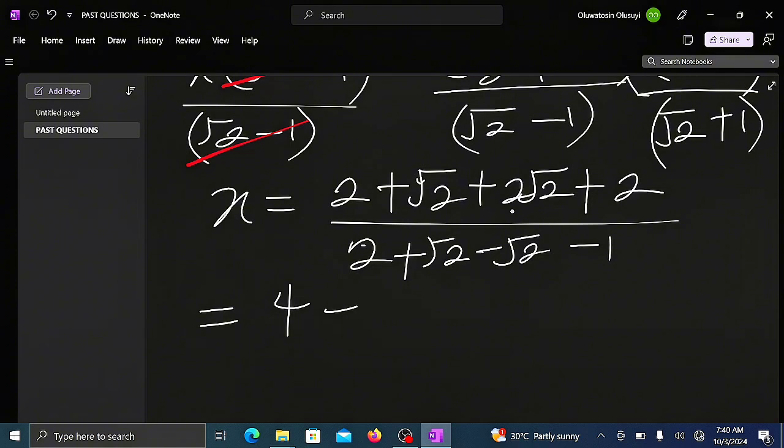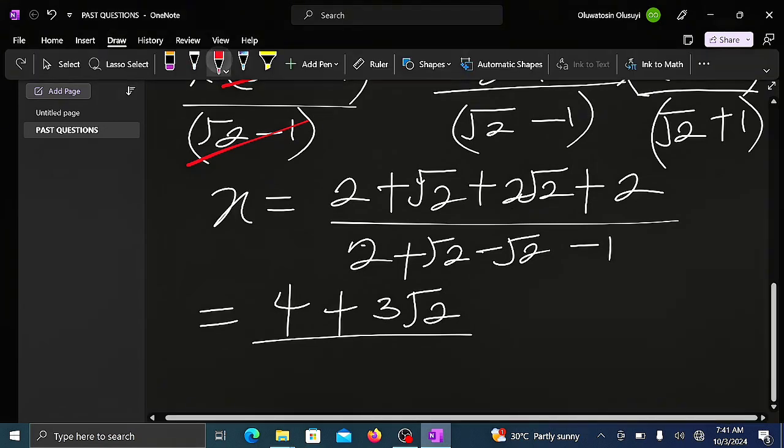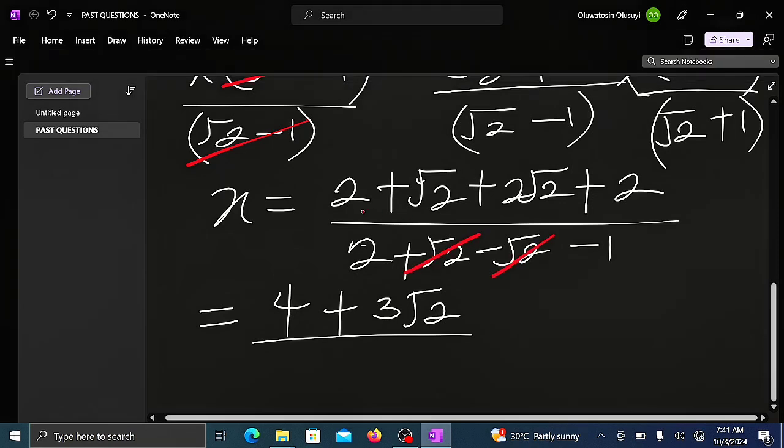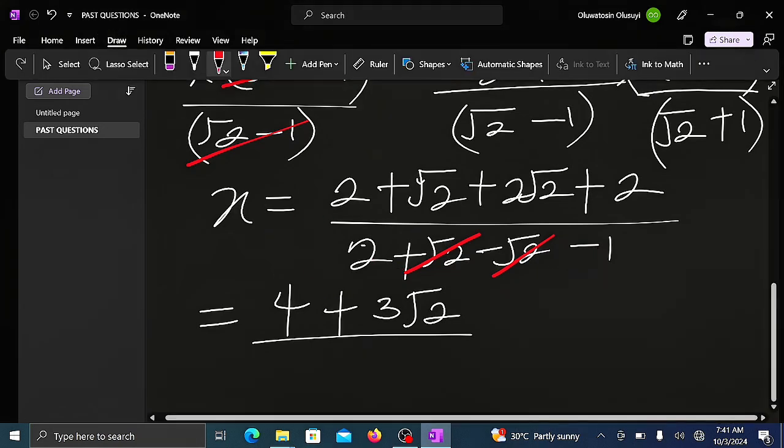So that will be plus 3 root 2. All divided by these two guys. This is plus root 2, negative root 2. They are gone, both of them added together give you 0. So 2 take away 1 will give us 1.